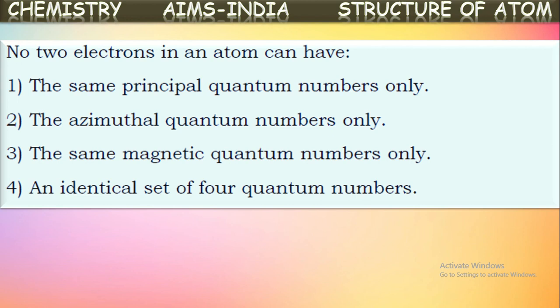There may be at most three quantum numbers the same for any two electrons in an atom, but at least one quantum number will be different for them. That means no two electrons in an atom can have the same set of quantum numbers. Where is it mentioned clearly? In the fourth option. Got it?